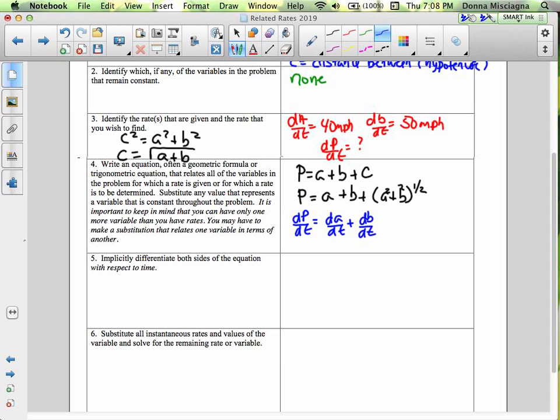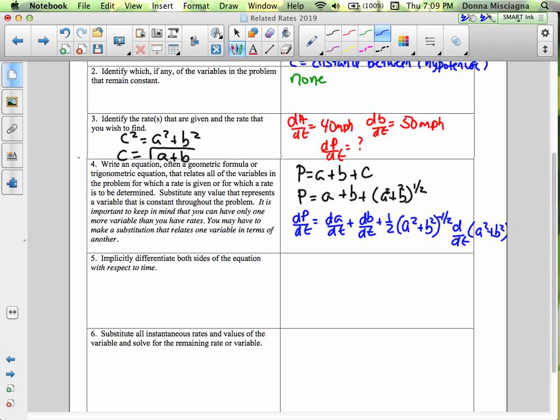The derivative of A squared plus B squared to the 1/2 power is going to be 1/2 times A squared plus B squared to the negative 1/2 power times the derivative of the inside, d/dt, since it's with respect to time, of A squared plus B squared.